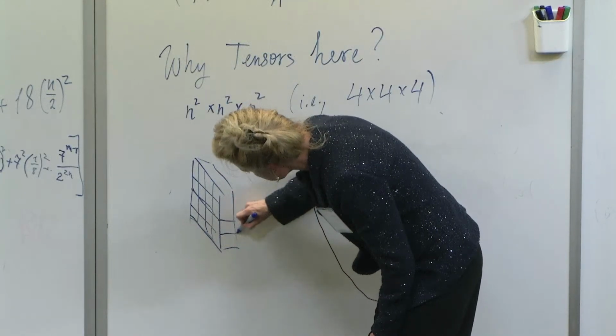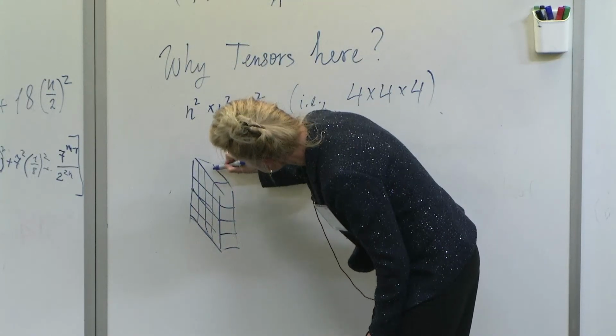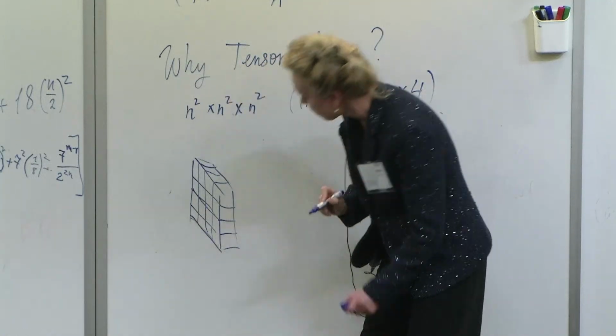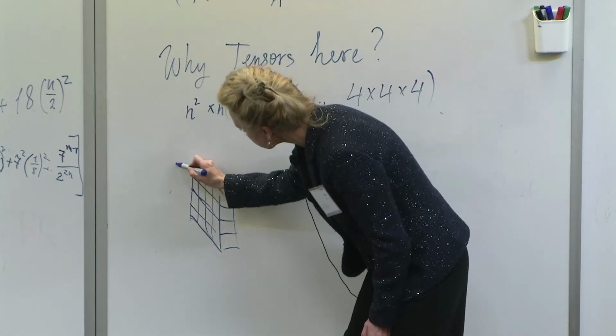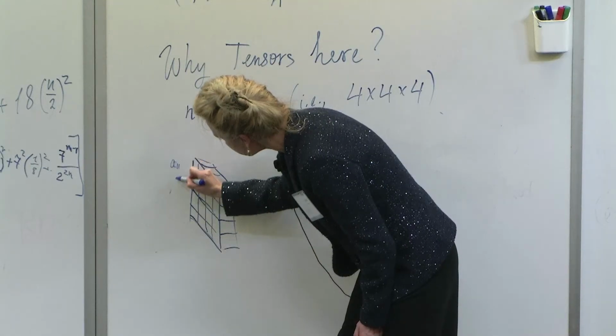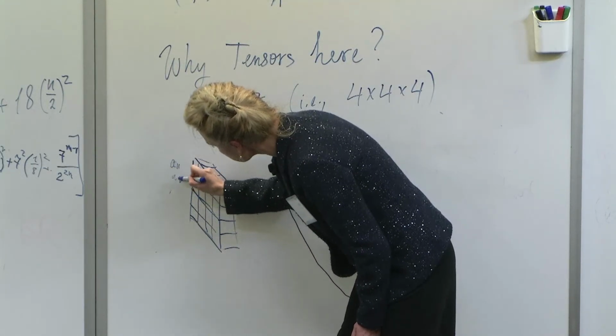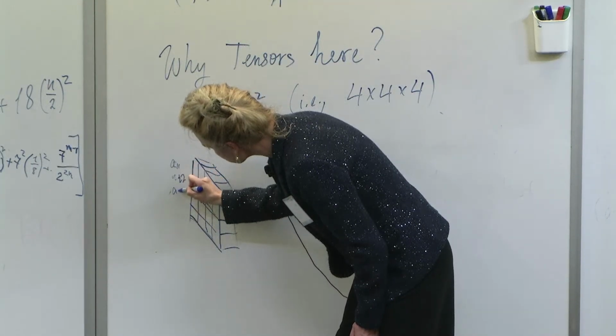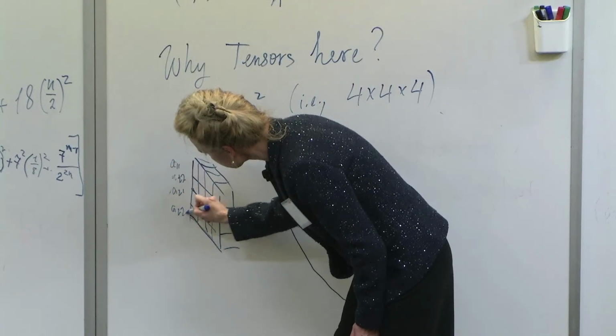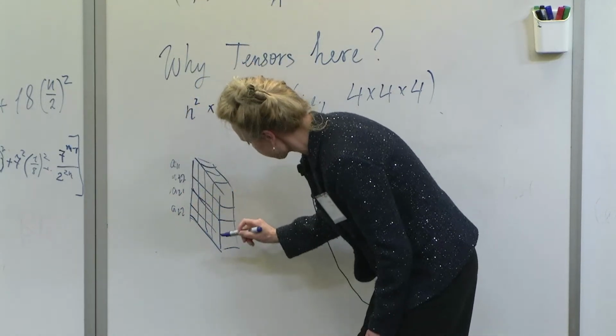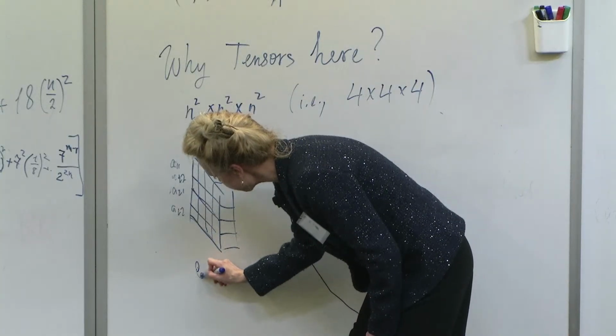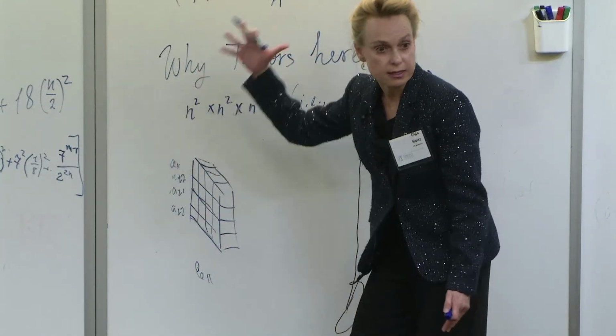And for example, I just want to label one, just to really understand what's going on. Let's say we go here, and this is labeled A11, A12, A21, A22, or maybe the B's, whichever you prefer. And here we'll just say B11, that's a slice.